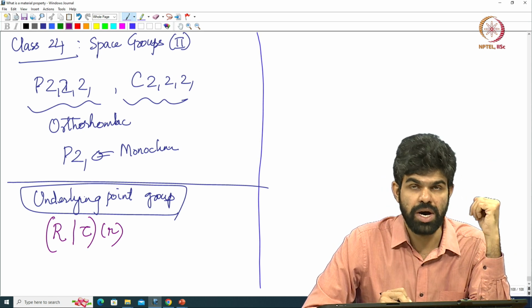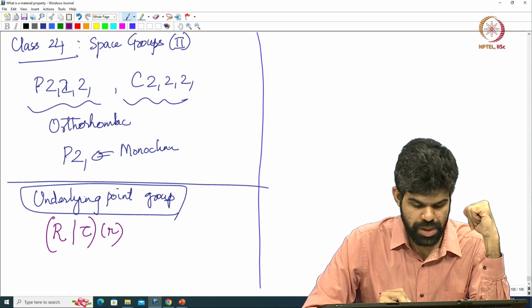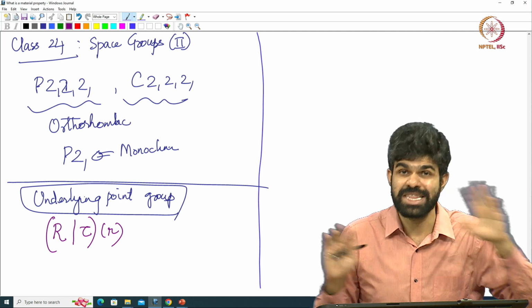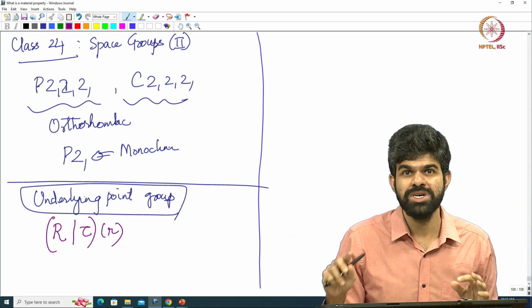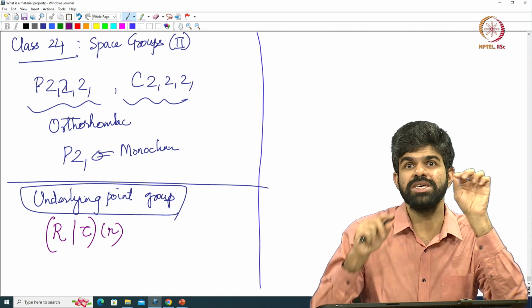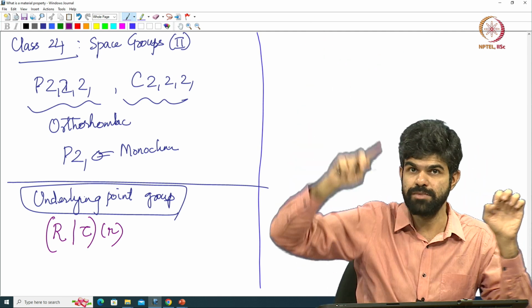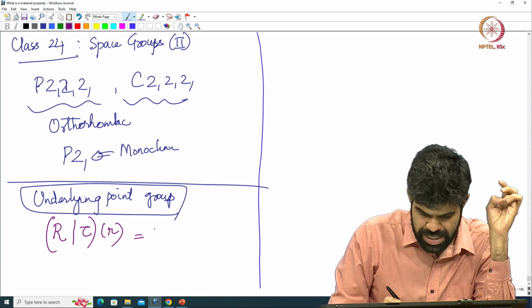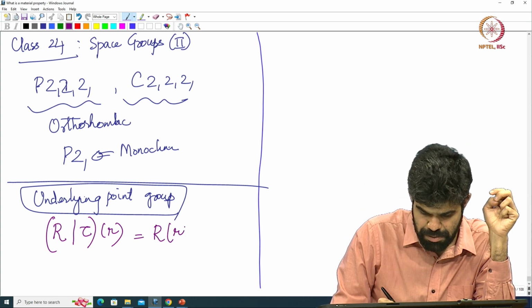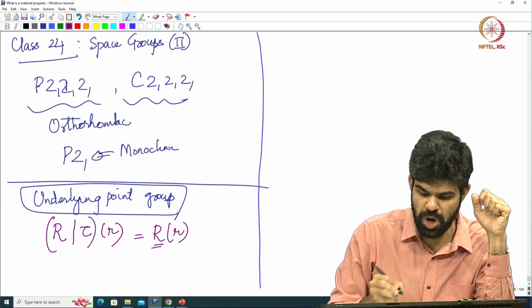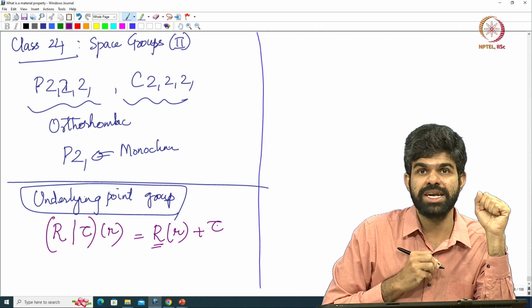Or it can just be an abstract point. I don't need to put anything there, so there can be nothing at that point. It does not need to be a lattice point, but it has the symmetry operations about that point. And then I'm saying what are the other identical points which will have the same symmetry operations. I apply the matrix R on the vector small r, plus I add a translation vector.